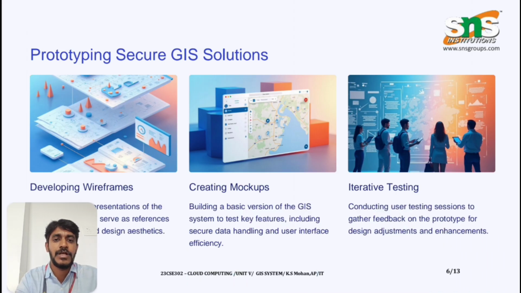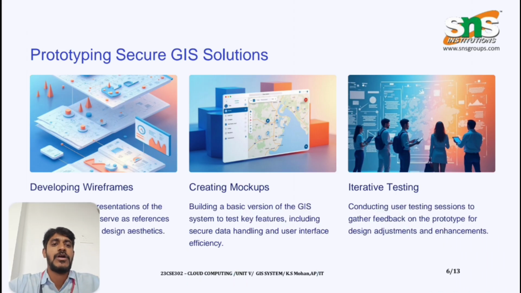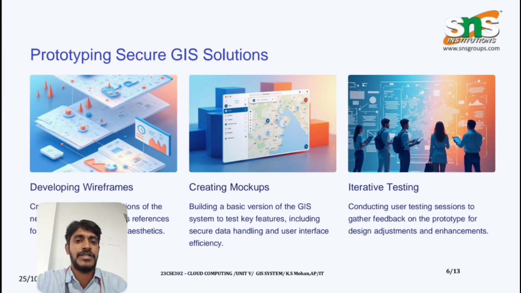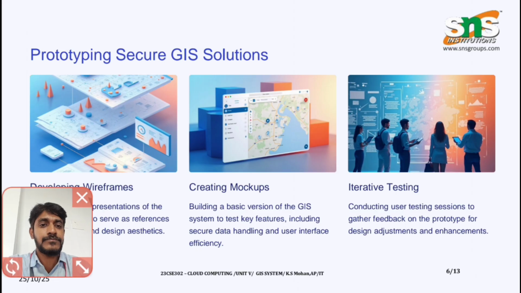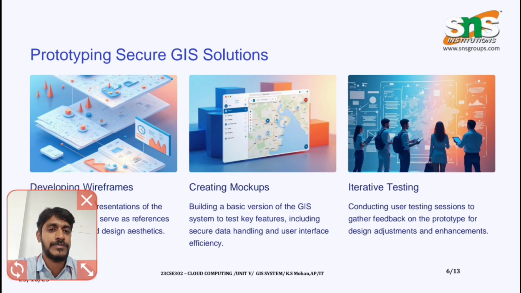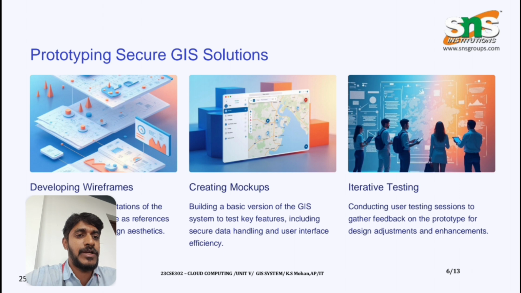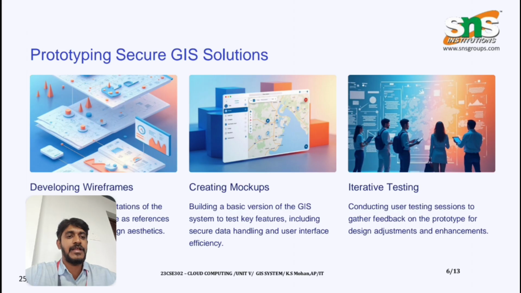We also have iterating and testing, where we conduct user testing to gather feedback, and adjust the prototype for design and enhancement. These are the prototyping methods used in the secure GIS system.